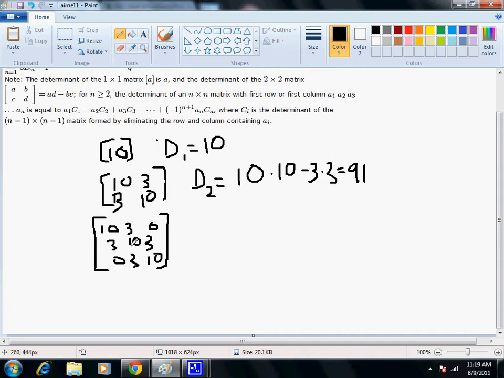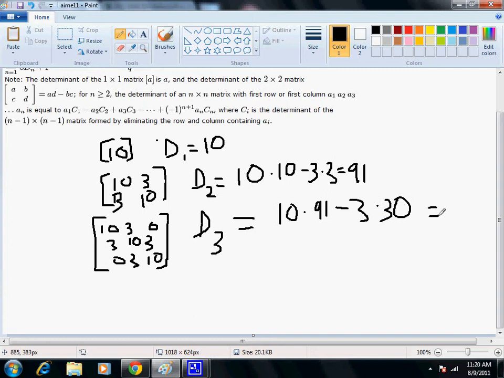The determinant of that by the cofactors method is 10 times the determinant of this stuff, which is 91 from determinant 2, minus 3 times the determinant of 3, 3, 0, 10, which is 30 minus 0, so 3 times 30.